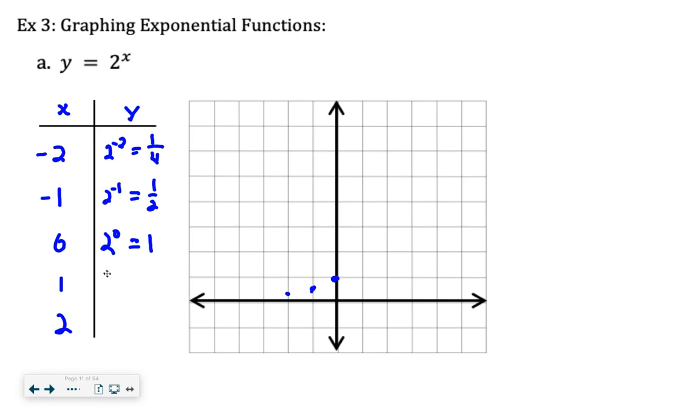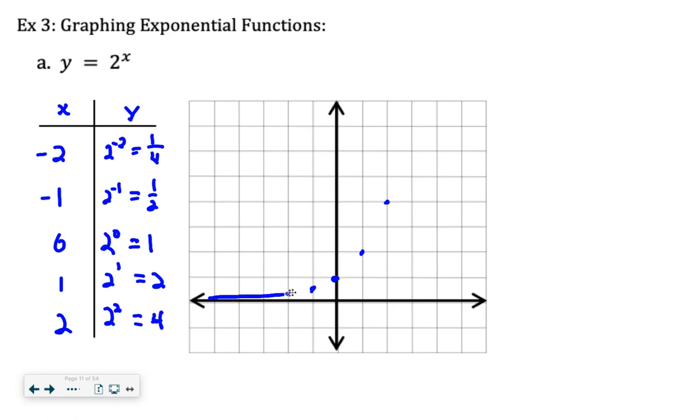If I plug in 1, 2 to the first is just 2. So the point 1, 2 is on my graph. And finally, if I plug 2 in, 2 to the second power would be 4. So the point 2, 4 is on my graph. And we can see this function that we are creating here.